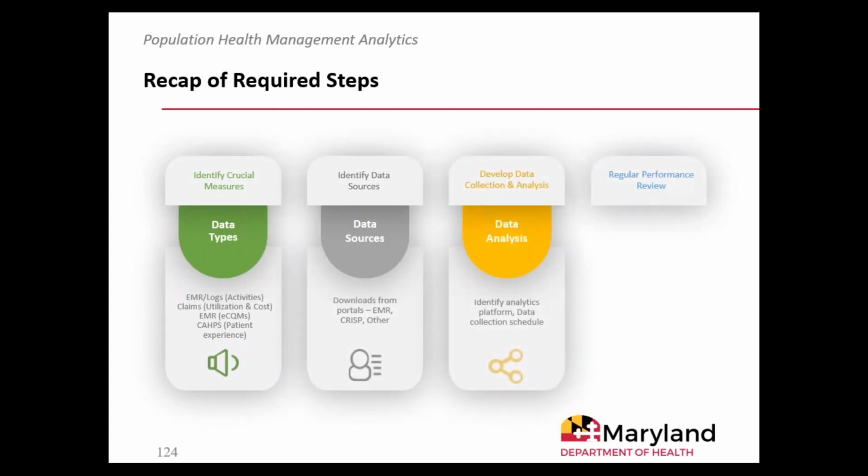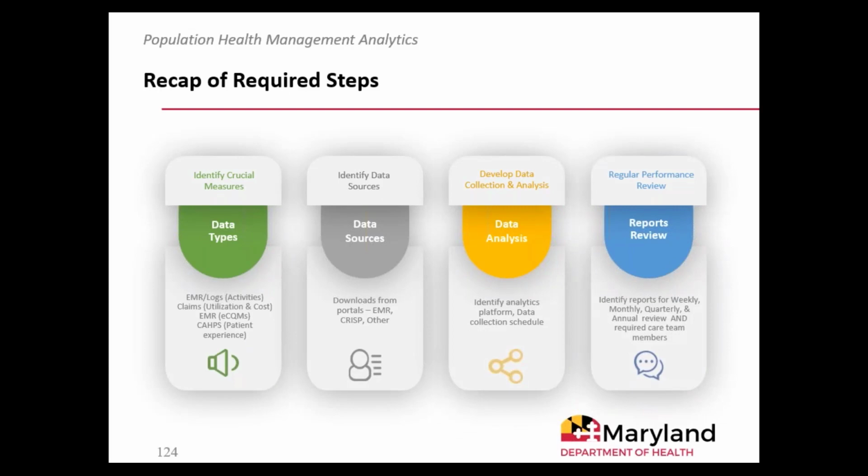In this slide, I'd like to go over a recap of required steps. Dr. Okeke has mentioned this before. So first, you would need to identify measures to track, for example, claims data, activity log data, ECQM data, and other relevant data. Next, identify where your data sources are originating from. Is it from a specific portal, your EMR, CRISP, or somewhere else?